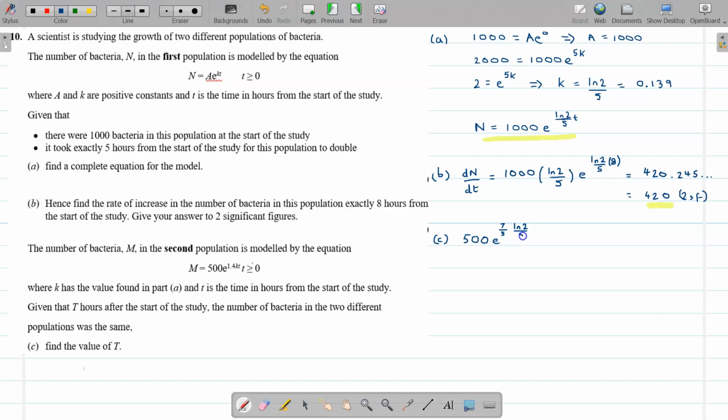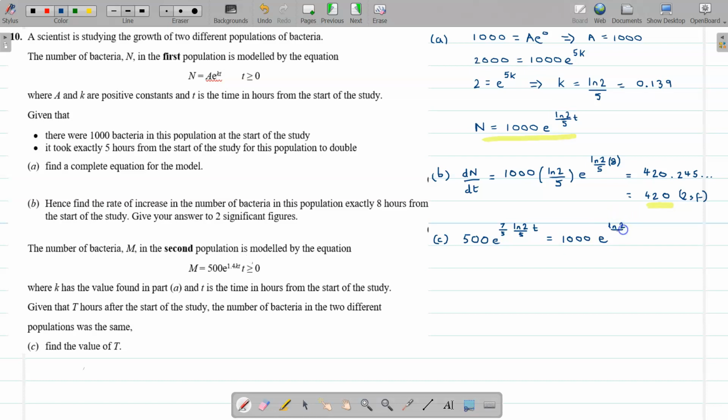So that's that times t. All of that stuff up there is a power of e, and that has to equal 1000 using our model that we discovered times e to the power of log 2 over 5.